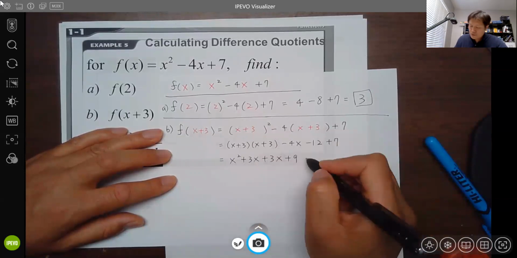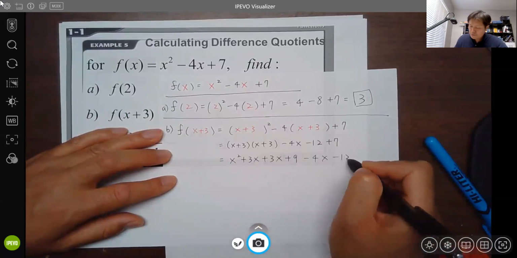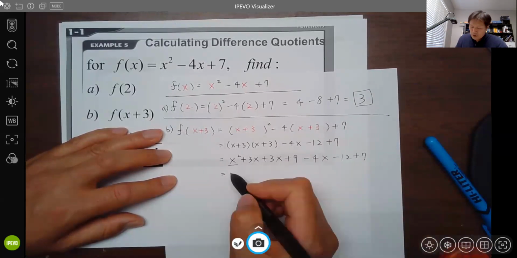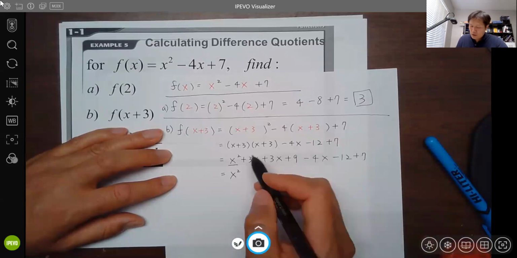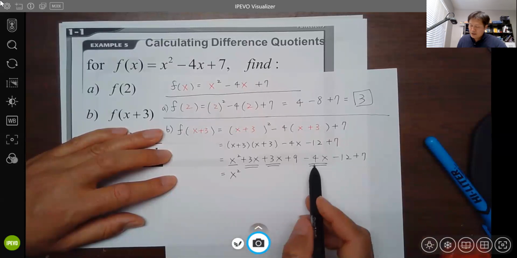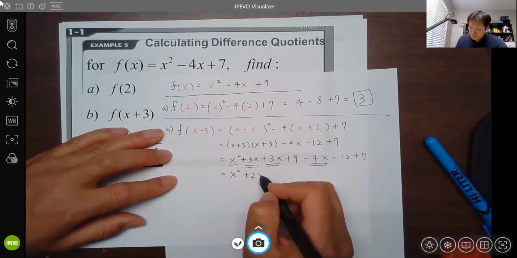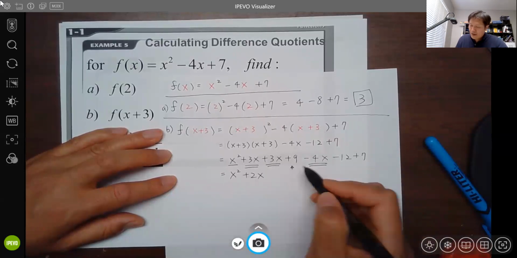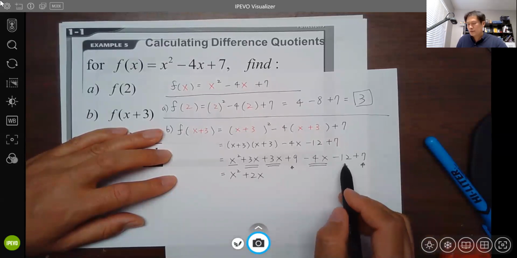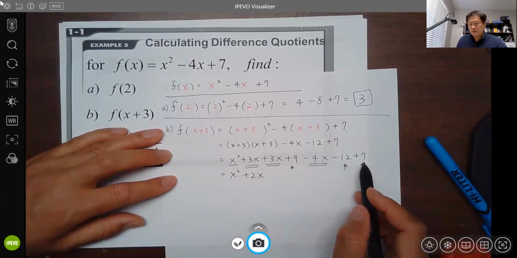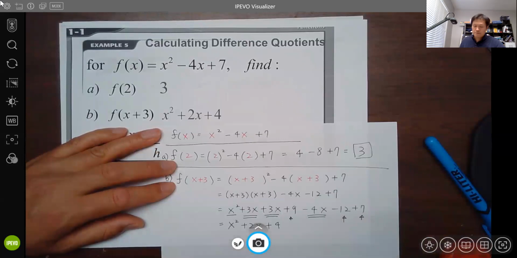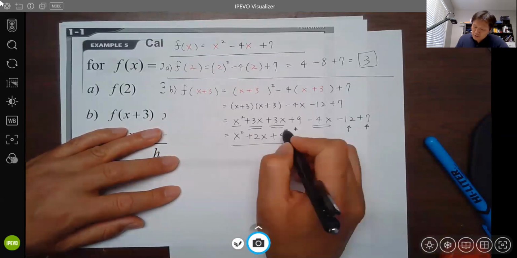All you have to do is combine like terms here. x squared by itself. x terms: 6 minus 4 plus 2x. Constants: 9 minus 12 is minus 3, plus 7 is plus 4. Yep, that is the answer for the second one.